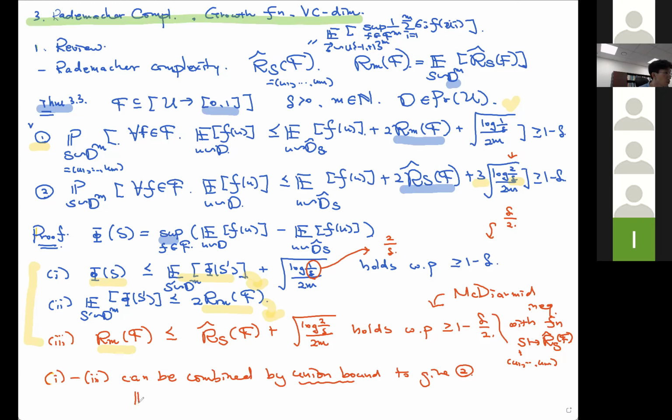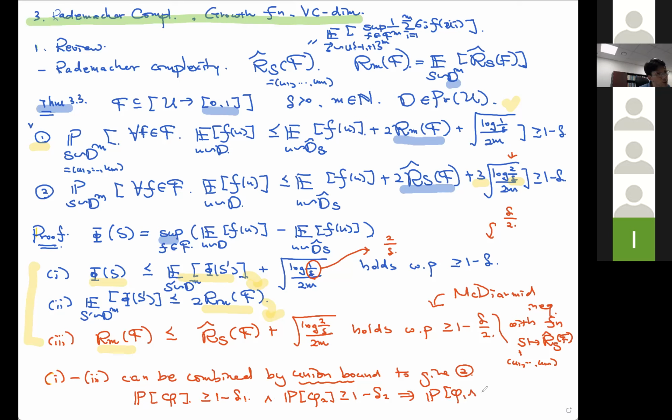Say you have a statement phi, something like a quantity is upper bounded, and the probability of statement P1 is at least 1 minus delta 1. And the probability of P2 is also at least 1 minus delta 2. And we may ask, what's going to be the probability of P1 and P2?